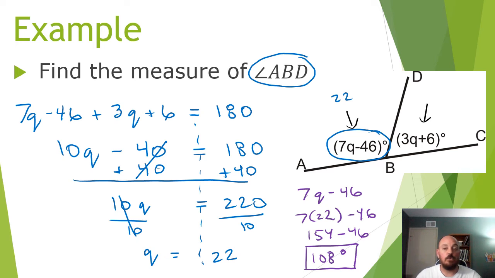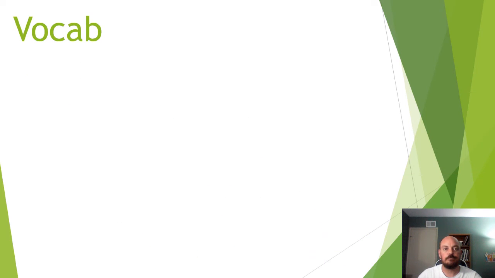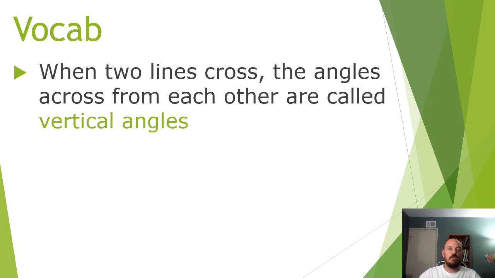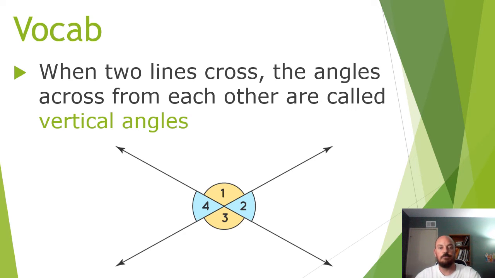Okay, let me give you one more vocab word and then we'll do a similar example. We saw a picture in part 1 where we had two lines crossing. It kind of makes an X, and it actually creates 4 different angles. Each pair of angles that are across from each other, the ones that are not adjacent basically, are called vertical angles.